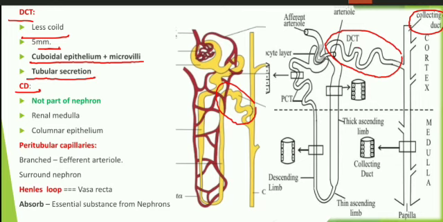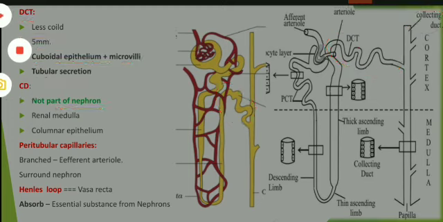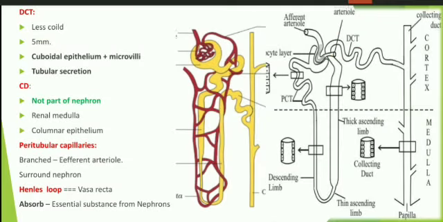And this collecting duct is not a part of the nephron. You must remember this point because they ask this kind of question in competitive examinations. And the majority portion of the distal convoluted tubule is mainly located in the medulla region.